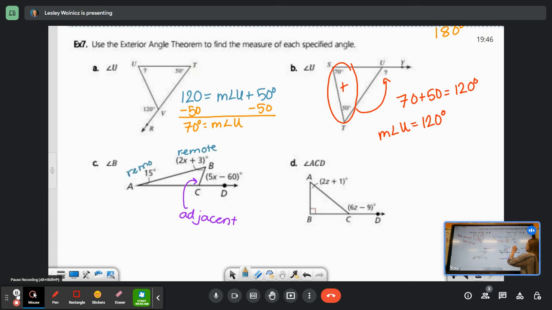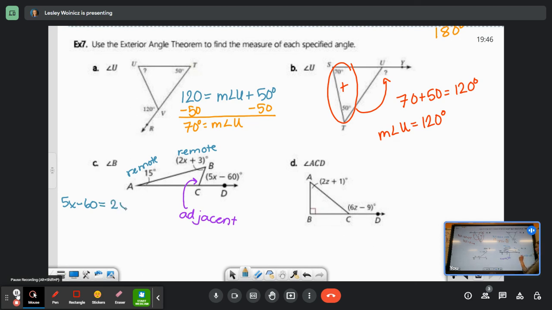Well, this one's obviously remote, but they both are. Okay, so I know that my exterior angle, 5x minus 60, has to equal the sum of my two remote interior angles.